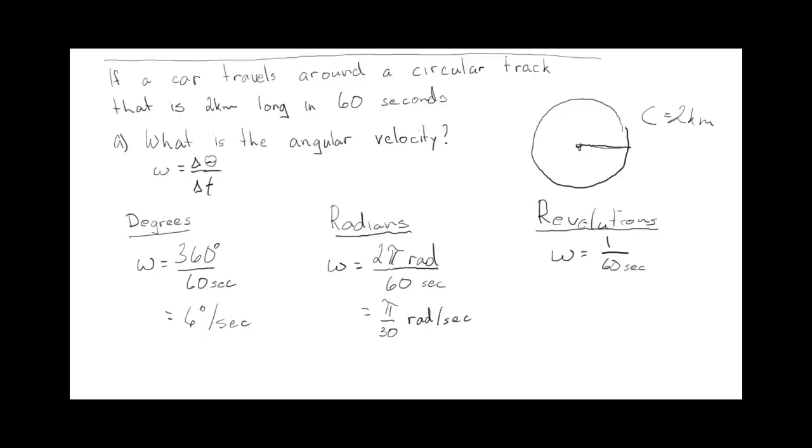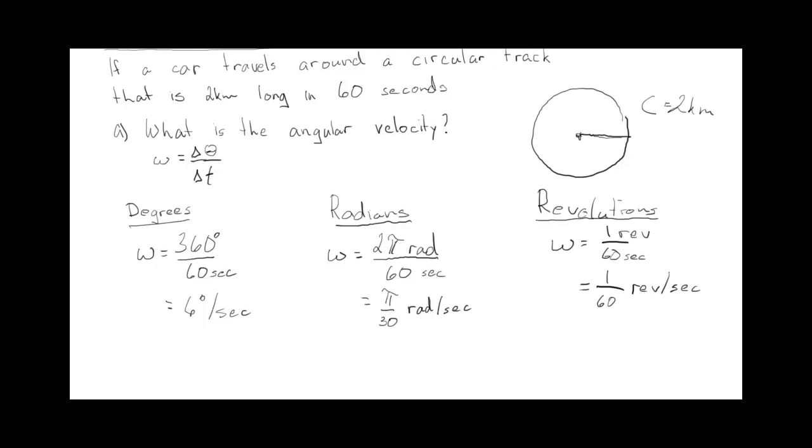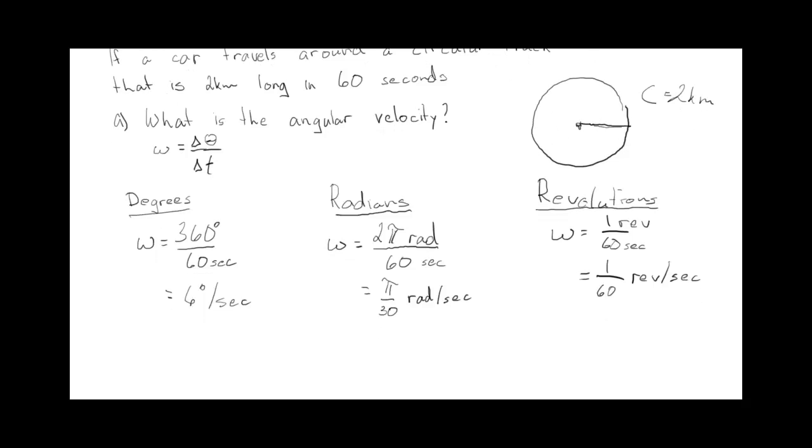That would be the angular velocity, 1 over 60 revolutions, or revs, per second. That's just another way to measure angular velocity. In fact, revolutions is one you hear often. You'll often hear the term RPM, which is revolutions per minute. We could get this in revolutions per minute just by converting seconds into minutes. But in this case, we did them all in seconds, so we'll do it in seconds. You could change the unit of time to whatever you want.